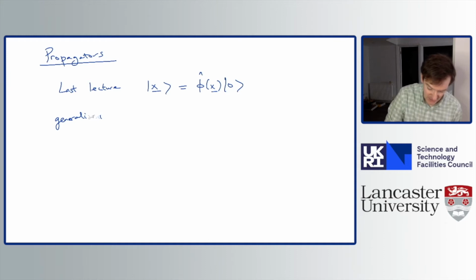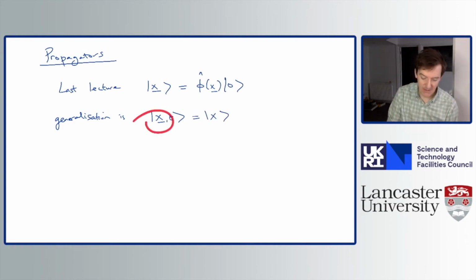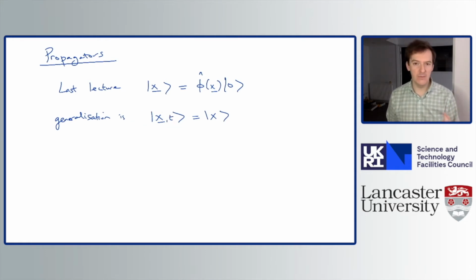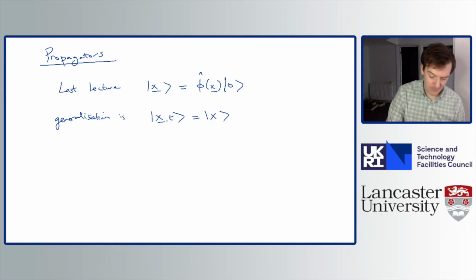Now we can generalize it to the case when we have not just position but time in the game. So now we want to consider something which is at some space-time point at a time t. Quite often we'll just write this as x. When we put the underline under the object, we're thinking about the vector, and when there's no line, we're thinking about the 4-vector.